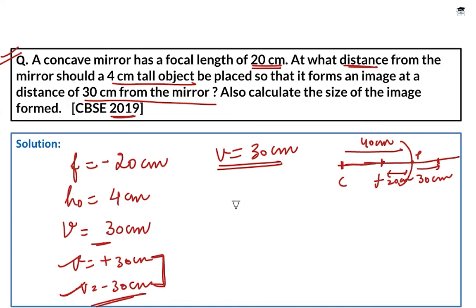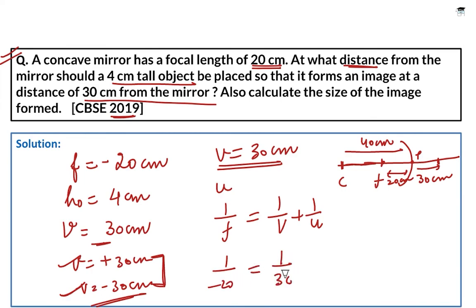So we are going to solve this and find our U. The mirror formula is 1 by F equals 1 by V plus 1 by U. Substitute the values of F and V here. F is minus 20 centimeters, 1 by V is going to be 30. So we can take 1 by U on one side and 30 will go on the other side and it will become minus.